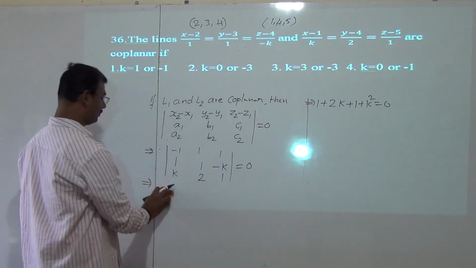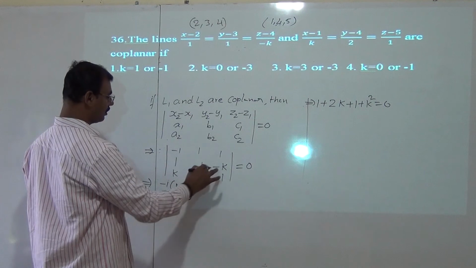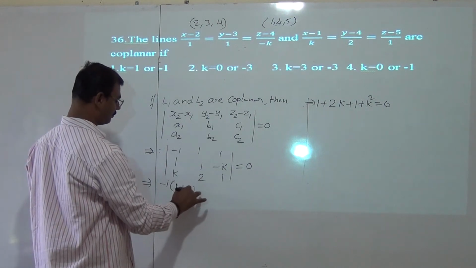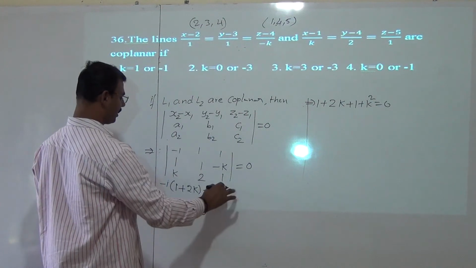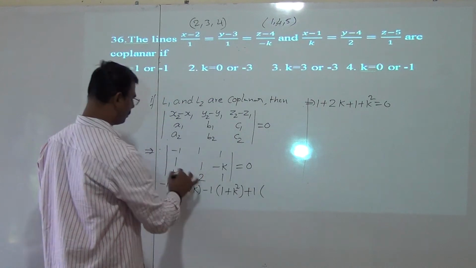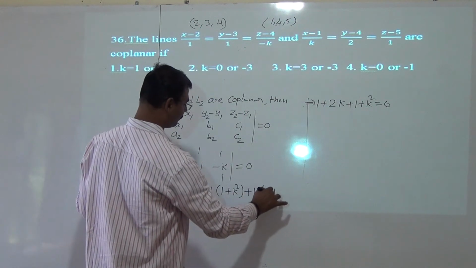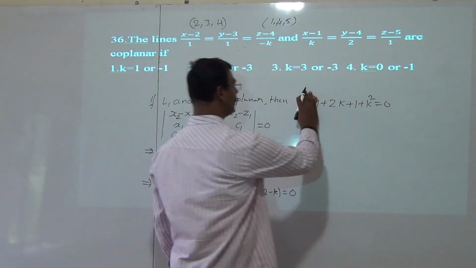Now simplify. Minus 1 into (1 plus 2k), minus 1 into (1 plus k²), plus 1 into (2 minus k) equals 0. Open the bracket.